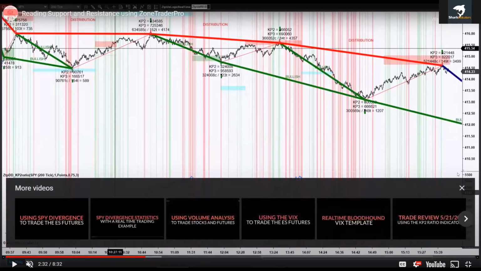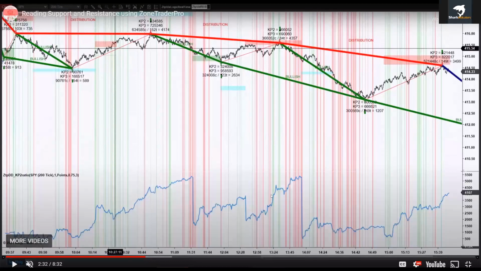Here is the ratio on the SPY. Now, what is just so interesting, and the point of this video, is you can see that as the indicator is just building as price is going higher, higher, higher, that's a tremendous signal.